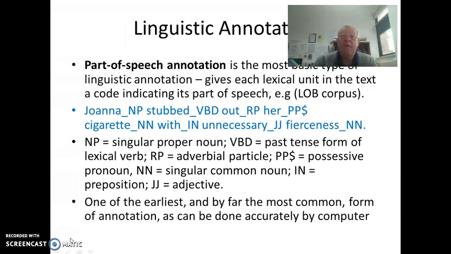Finally, fierceness is also a singular common noun. Part of speech annotation is one of the earliest and by far the most common form of annotation, as it can be done accurately and automatically on the computer.